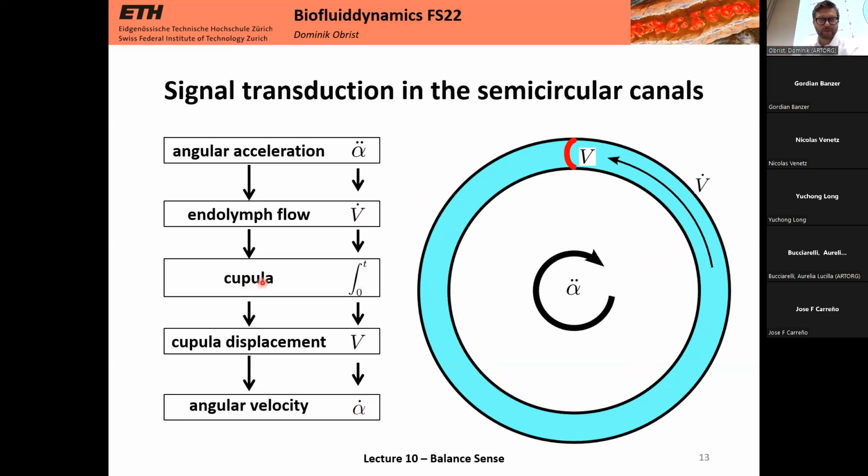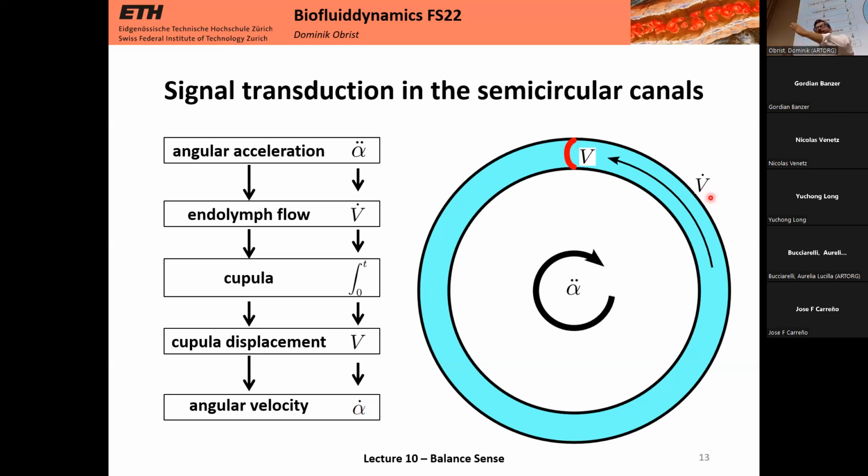Now comes the cupola. And the cupola, because it is blocking the flow, the whole semicircular canal has the role of an integrator. The displacement of the cupola is essentially the integral over this volume flow, right?